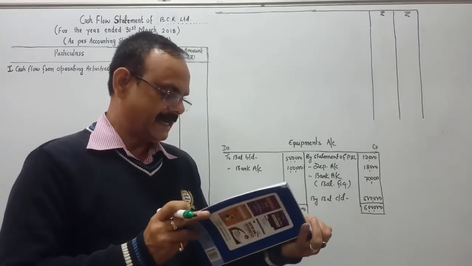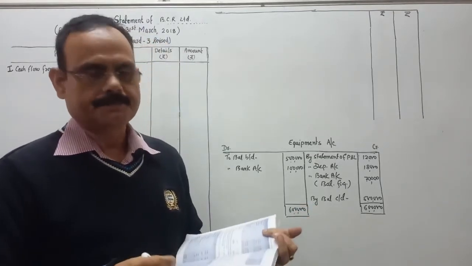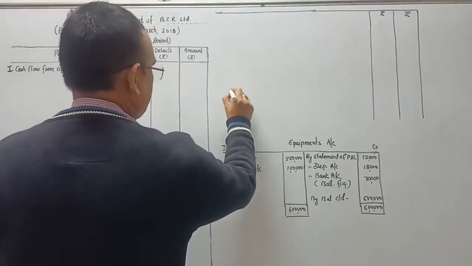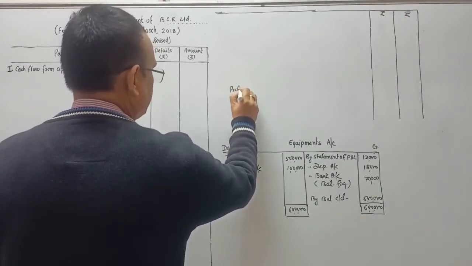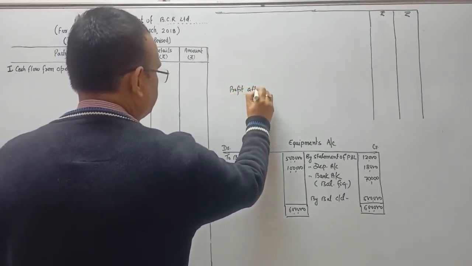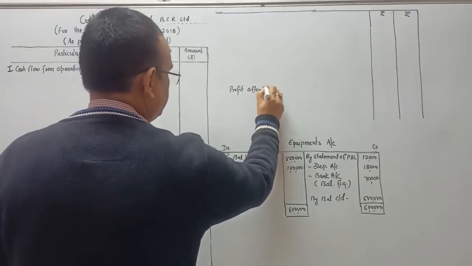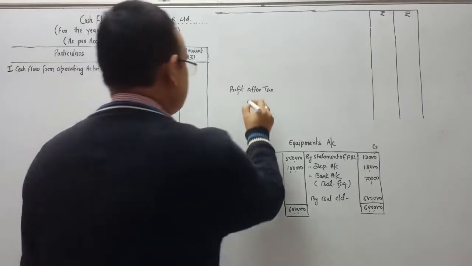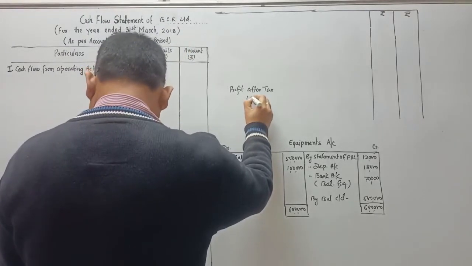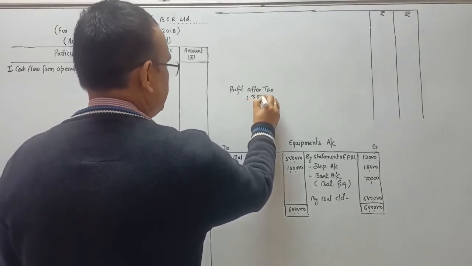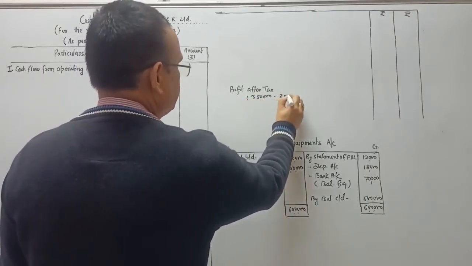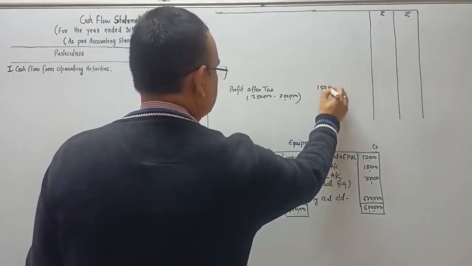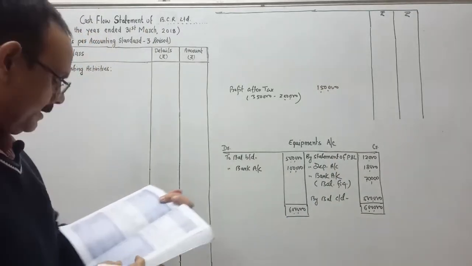This difference indicates the profit after tax. The previous year reserve is 2 lakh and this year it is 3,50,000. So this difference indicates the profit. So 1,50,000 is the profit after tax.